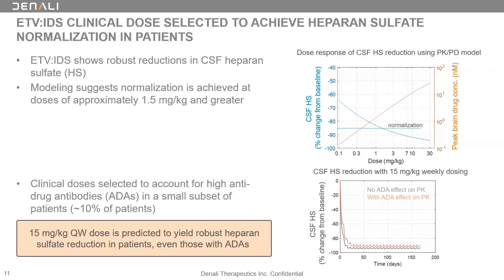This was essentially to make sure that, since this is a rare disease, we did not want to have any patient that can potentially get a suboptimal dose, even in the presence of variability in PK or the impact of ADAs on PK. We wanted to make sure that our clinical dose works across the entire 100% of the patient population.